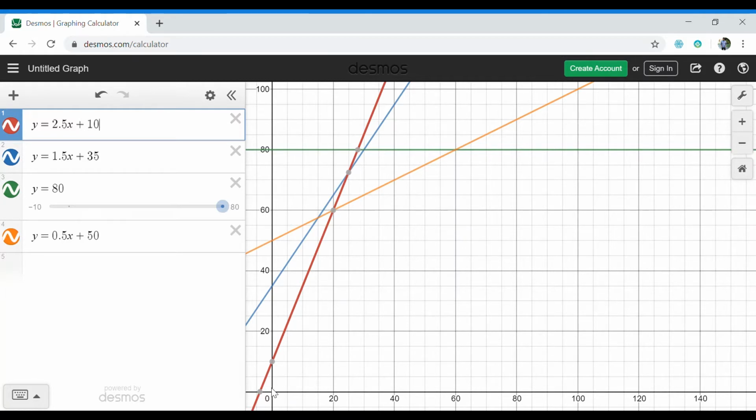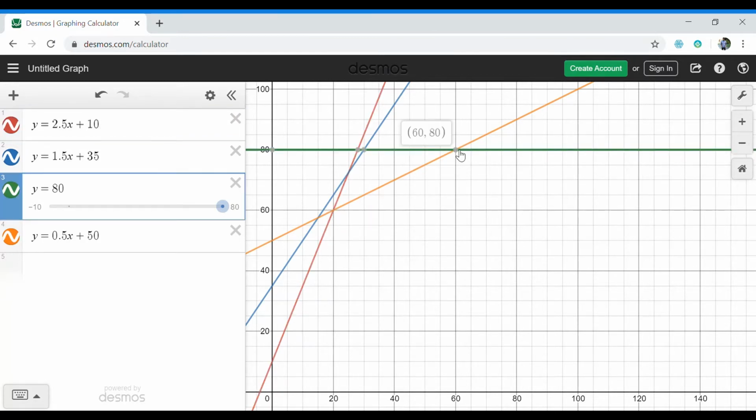So that means between the distance 0 and 20 kilometers, AB Transport Light is the cheapest. Now, between 20 and probably 60, I realize that the orange line is actually below all the other three lines. So that means Kiwi Couriers is the cheapest between 20 kilometers and 60 kilometers.